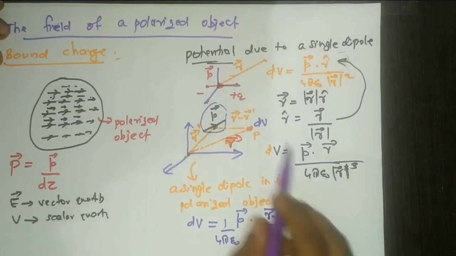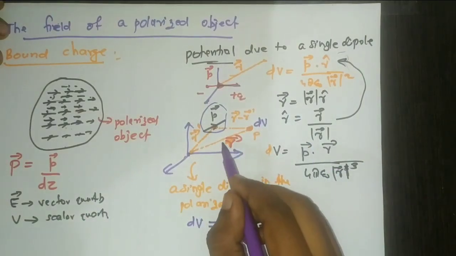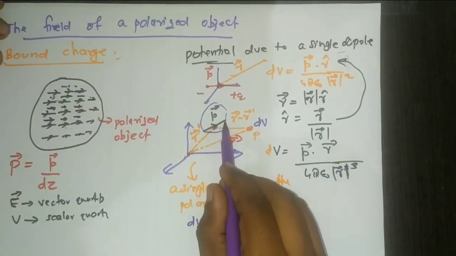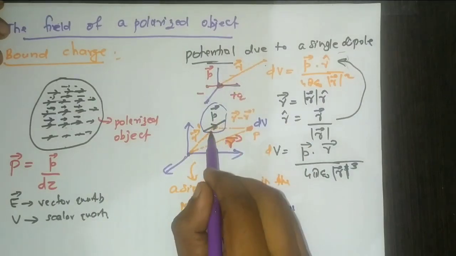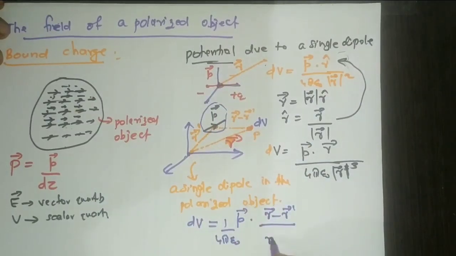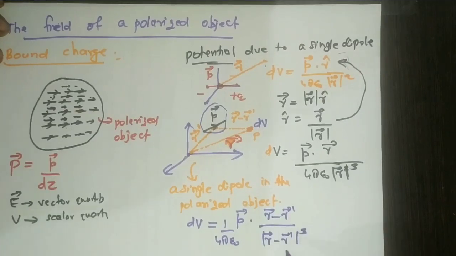Instead of r cube here, that will be from the dipole to the point, here the distance is r minus r prime, modulus cube.